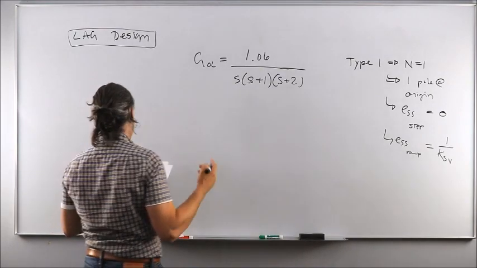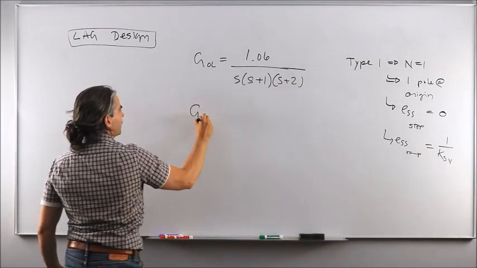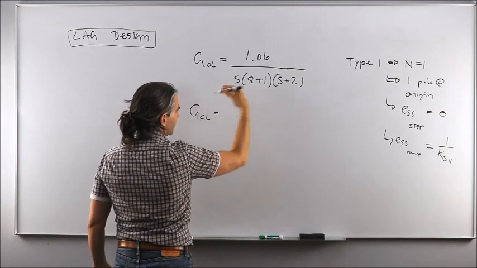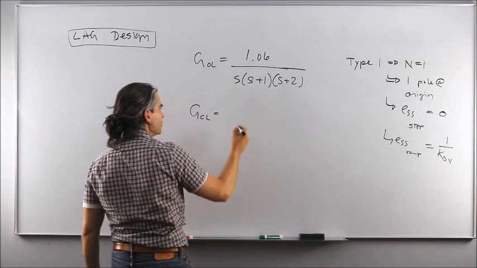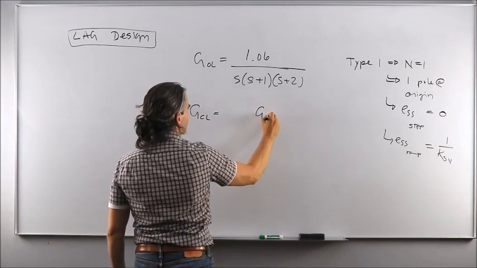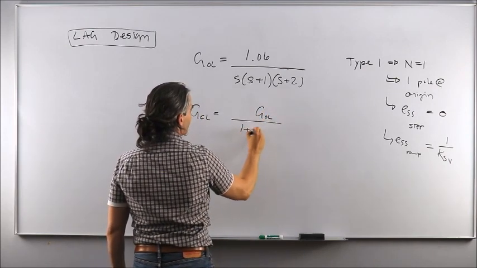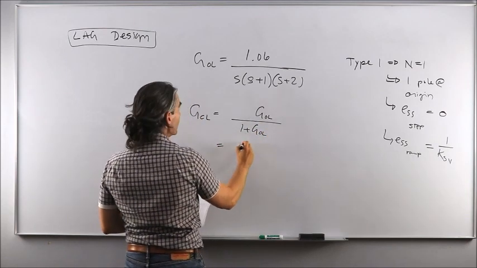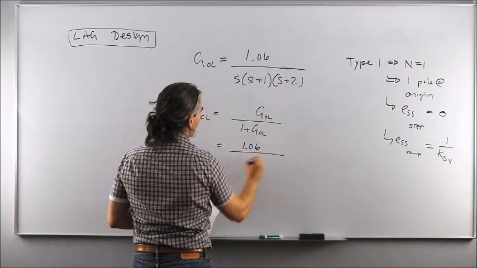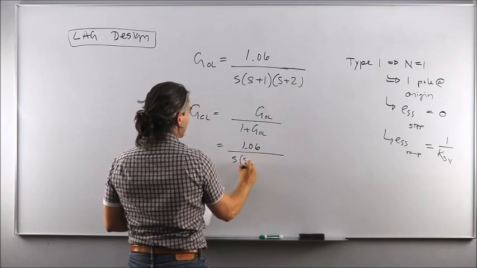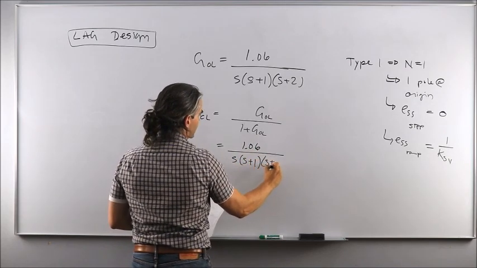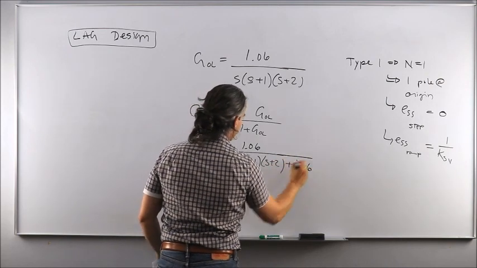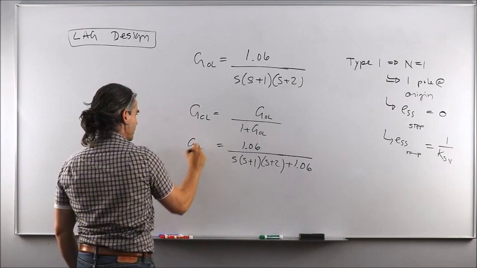What's next? Well, the next step is to calculate your closed loop transfer function. Assuming that we have our regular feedback architecture, you could say that this is simply G open loop over 1 plus G open loop, or alternatively 1.06 over s times (s+1)(s+2) plus 1.06, like this, the closed loop transfer function.